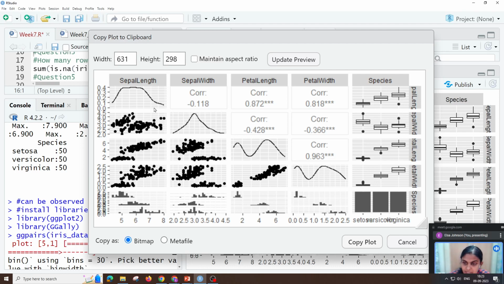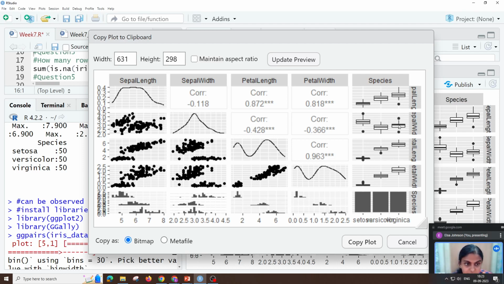The other thing here is that it is showing how the variables are related. The correlation graphs and the values are present here. And these plots, I don't know if you have learned, are the box plots. Box plots usually show the variation as well as any outliers present in the data.